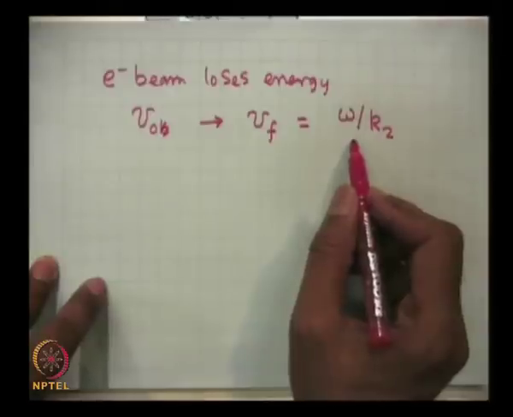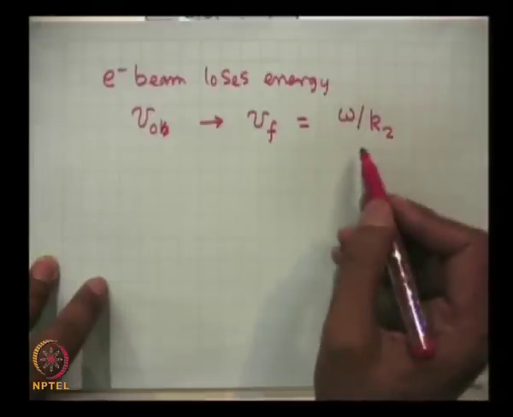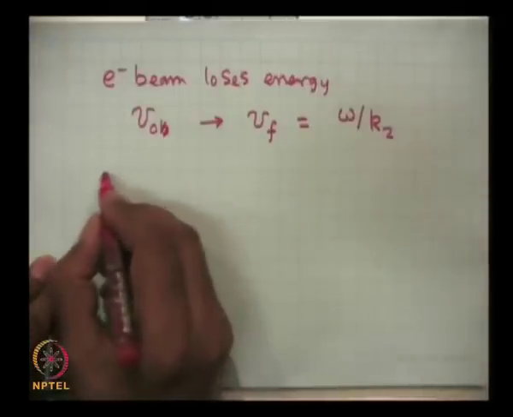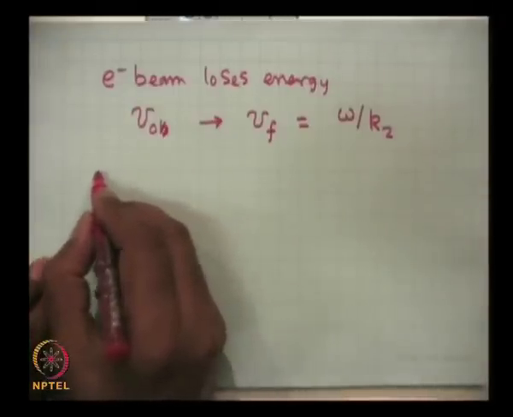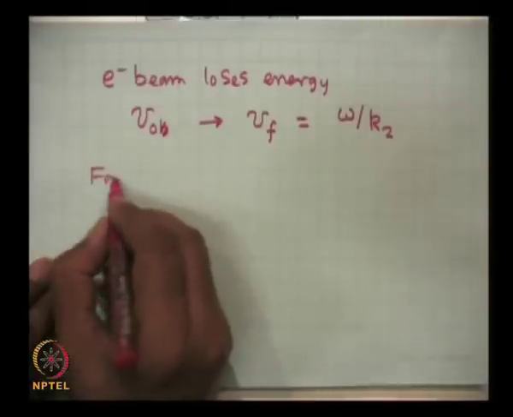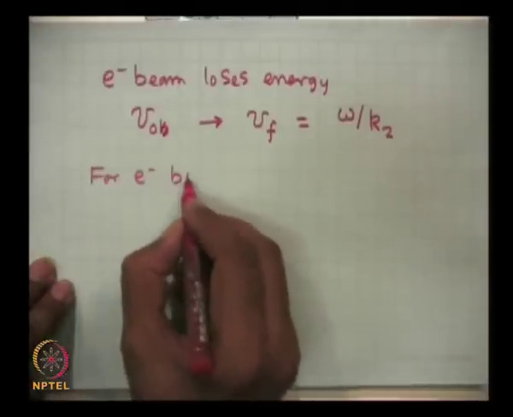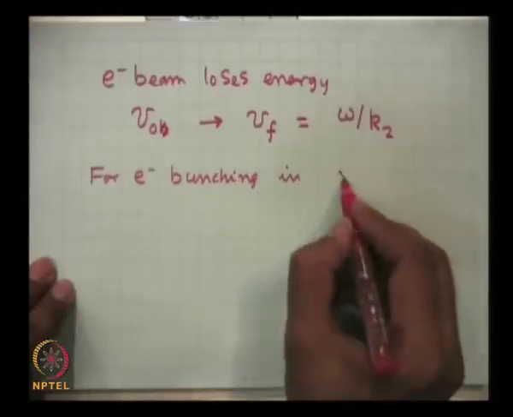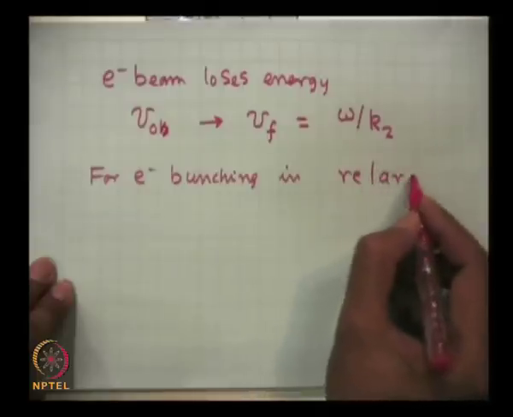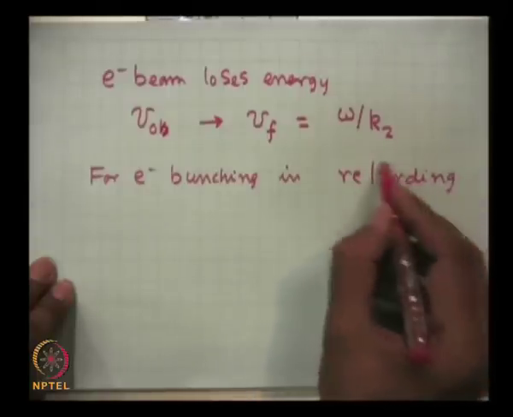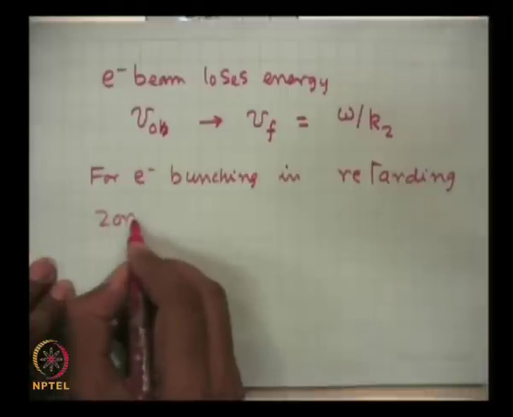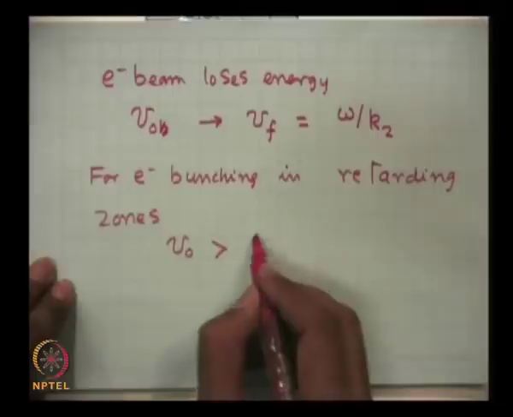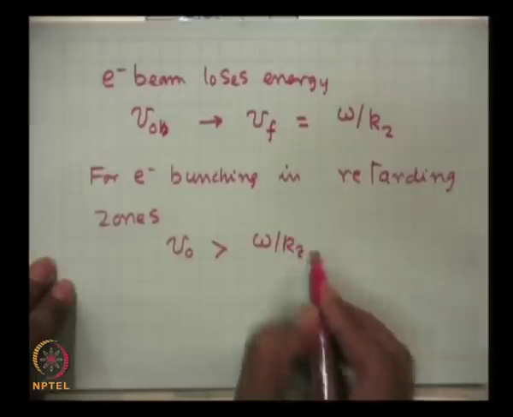Beyond this point it will not be able to generate electromagnetic radiation, because the necessary condition for electron bunching in retarding phases, retarding zones, is that you require v0 to be greater than omega by kz.